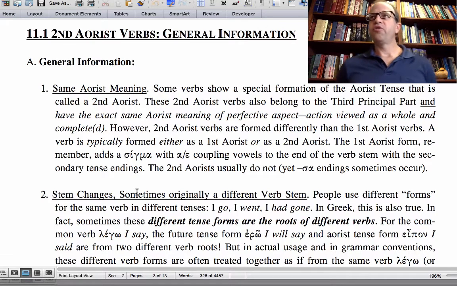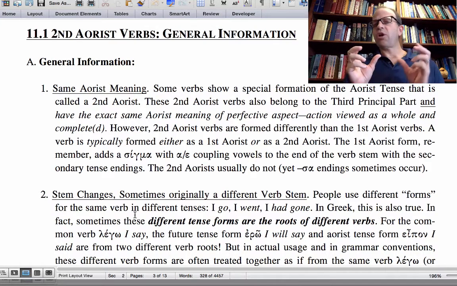We've been learning that verb tense may be indicated by adding something to the front, by a change in stem, by a coupling vowel and syllable, and then by tense endings. Second aorist verbs are a class of verbs that show stem changes as a main way of recognizing their tense. Sometimes these stem changes are great, sometimes they are very minor, but there will be changes in the stem.